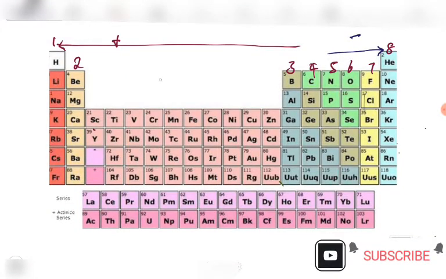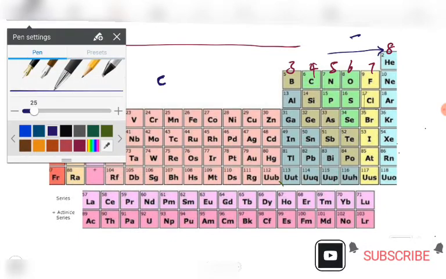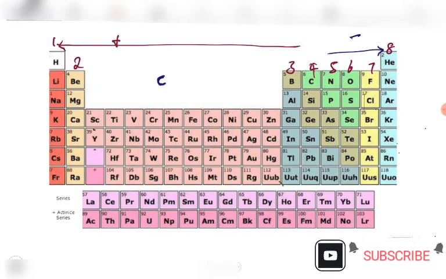Let's take a look at carbon. To show the number of electrons that must be received or donated, we're going to use arrows. Carbon needs 4 electrons to be full in its outermost level.